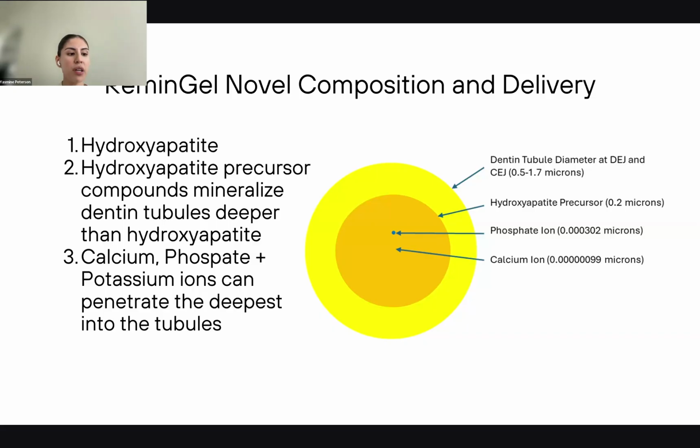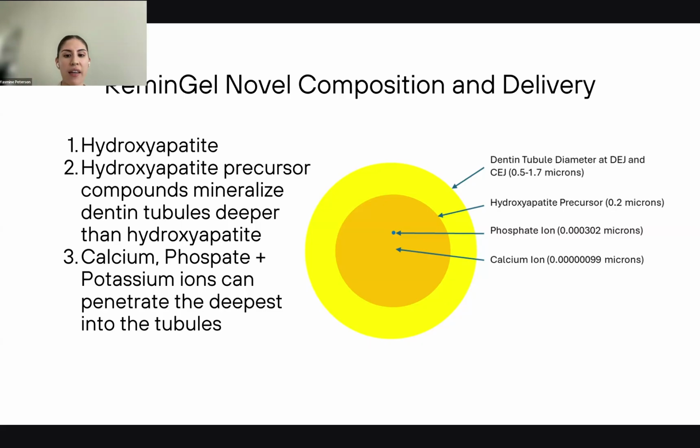Alrighty, so if you look here, we can see that the yellow circle is the size of the dentin tubule, so that's the largest circle here, and then orange is about the diameter of the hydroxyapatite precursor compounds, which are monetite and brushite, and they're a lot smaller than the actual dentin tubule itself.